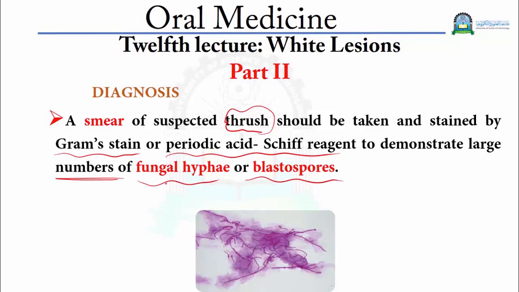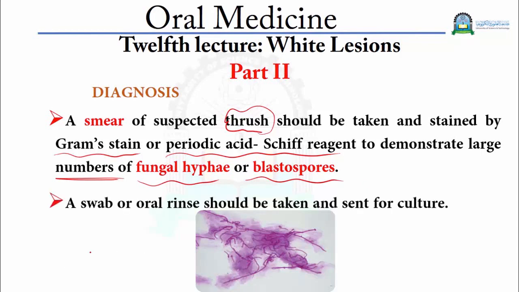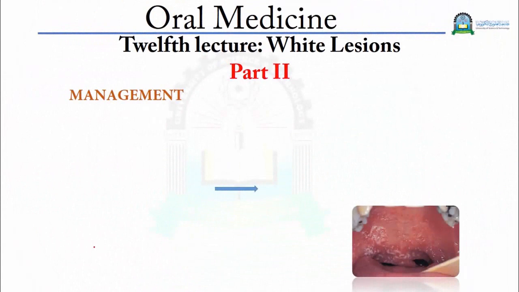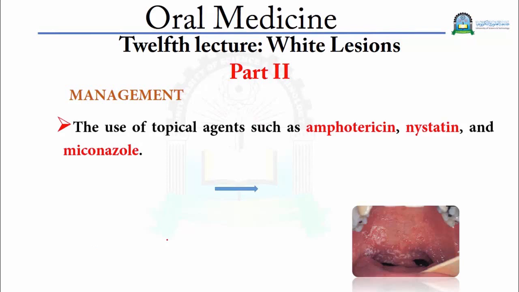So you will see the Candida albicans fungal hyphae. A swab or oral rinse can be taken and sent for culture. So you can use a swab or instruct the patient to rinse and spit out the sample.